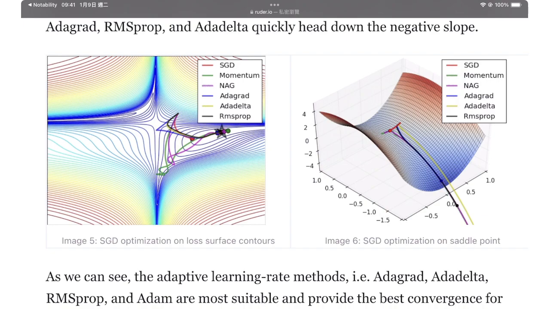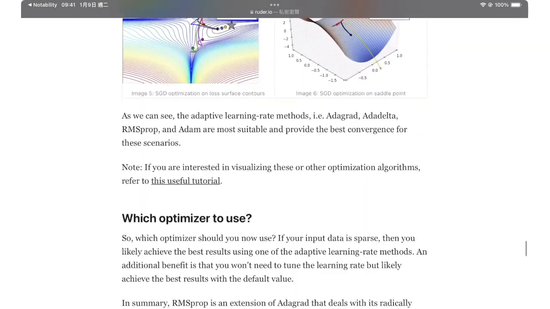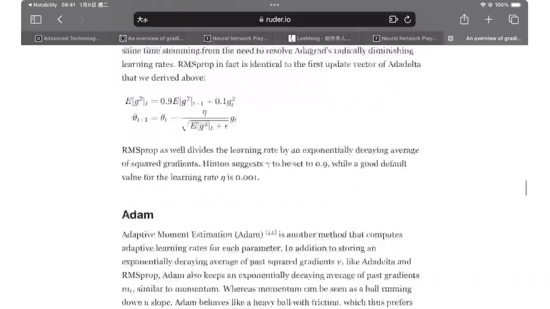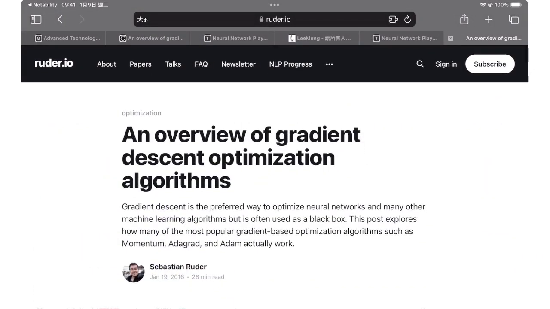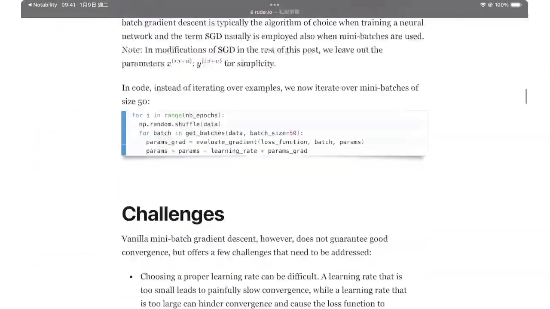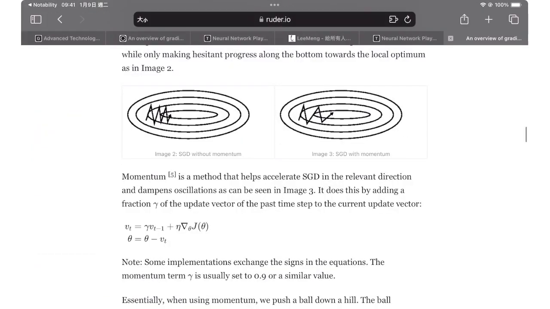Okay, we will not go over the entire thing because there is too much mathematics. The only thing is to show you how different optimizers work. But as I mentioned, usually we only use some optimizers like Adam when we implement our system.